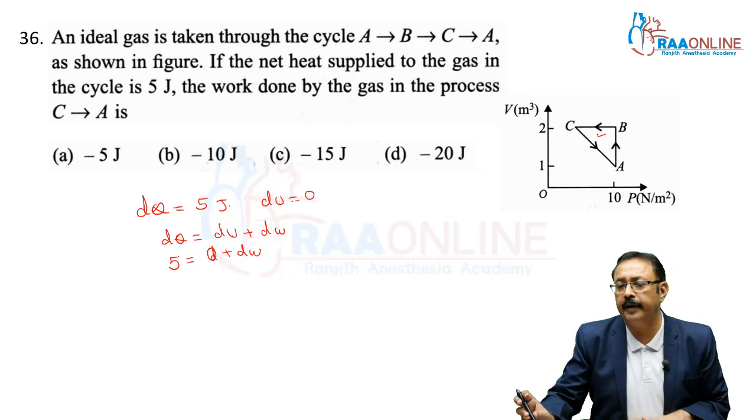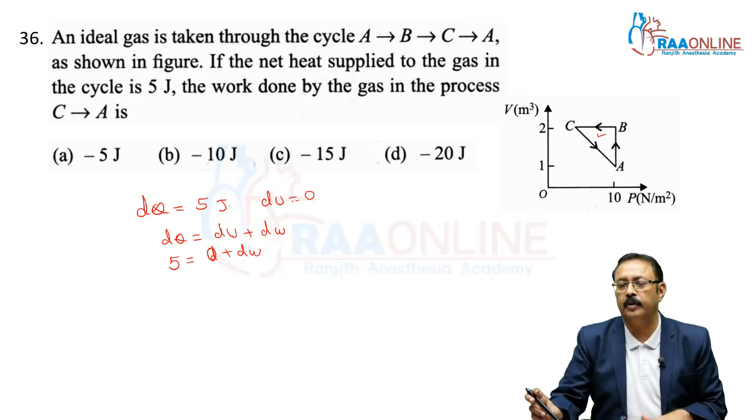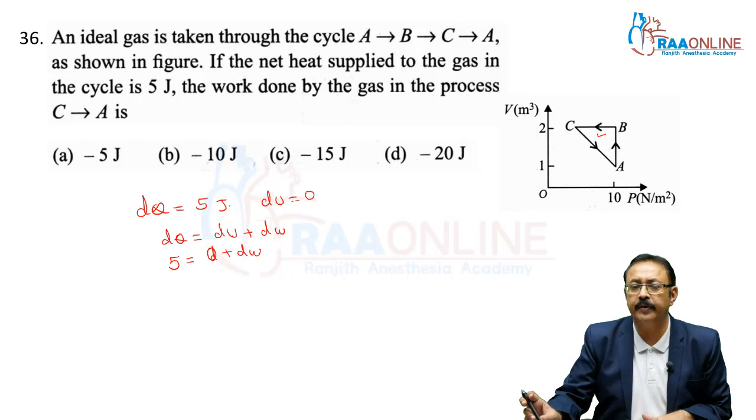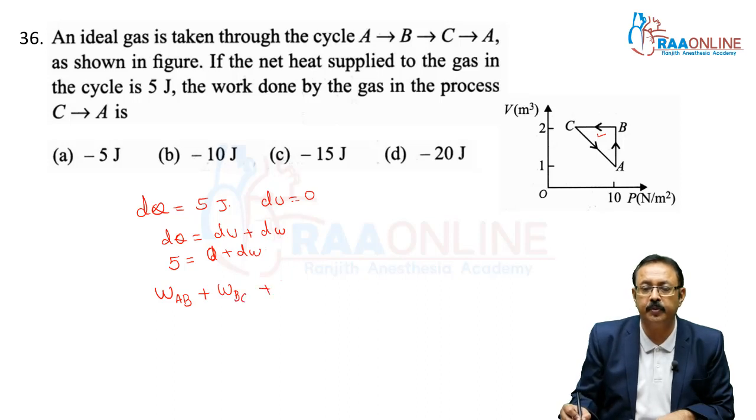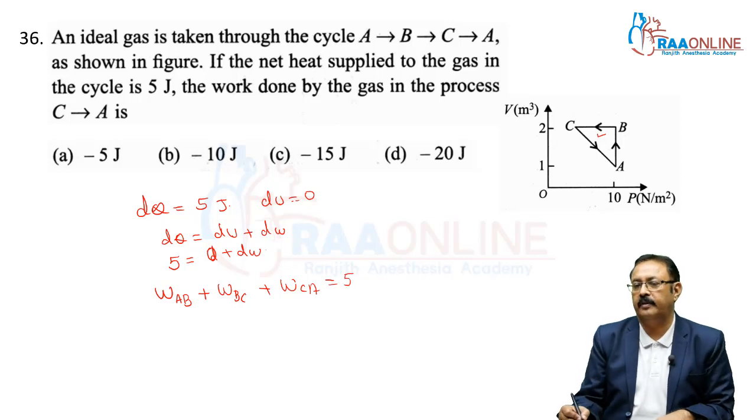From C to A when we are coming, we want to calculate work done by the system. So total work done is 5 joule. Total work done means work done from A to B plus work done from B to C plus work done from C to A. Total work done, we know, should be 5 joule.